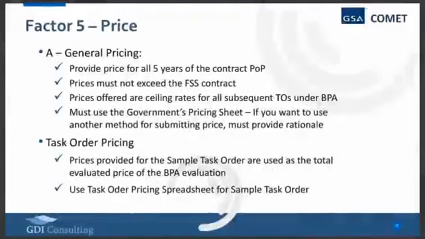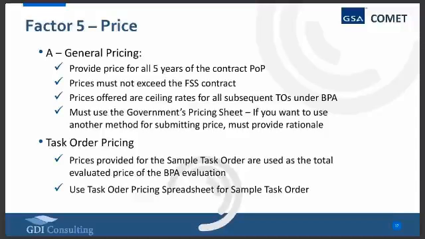And Factor 5 price has two sections. General pricing, which is for the BPA as a whole, the 5 years. So you have to fix your prices for all 5 years. You can give different prices for each year, but everything will be fixed. And they can't exceed your FSS contract, the IT 70 schedule contract. The prices you provide can't be more than that.